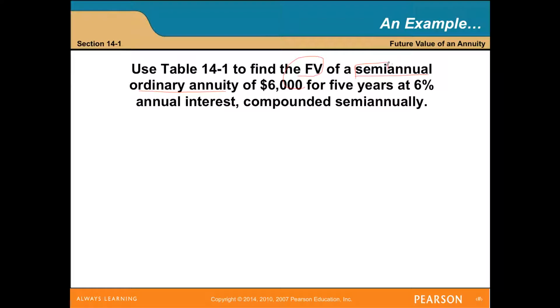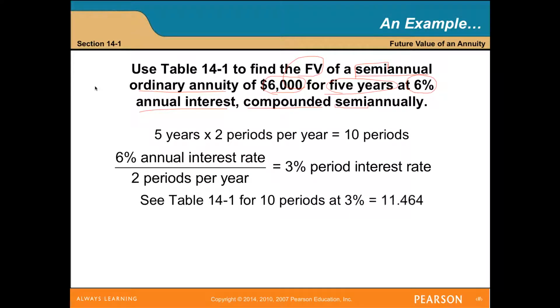Keyword semi-annual, $6,000 payment, right? For 5 years. This is the period, or the N if you have the finance calculator, at 6%. This is the rate, annual interest. And we know that it compounds semi-annually. Okay, so keywords.